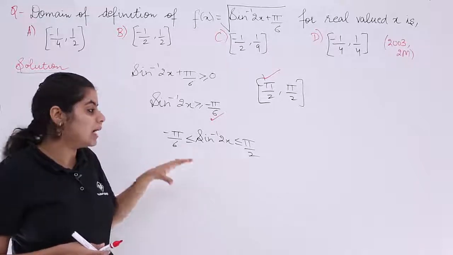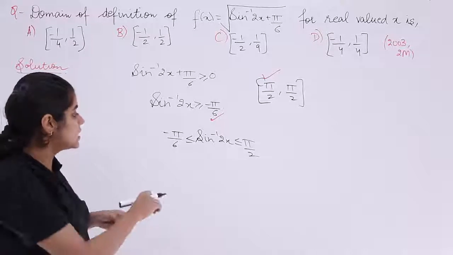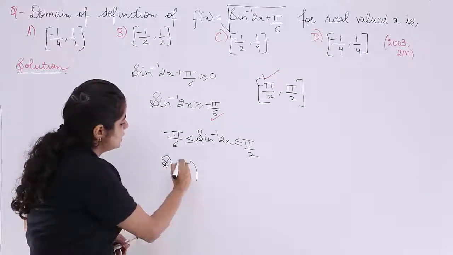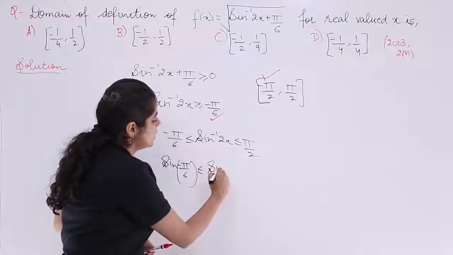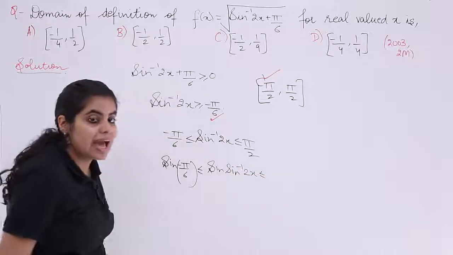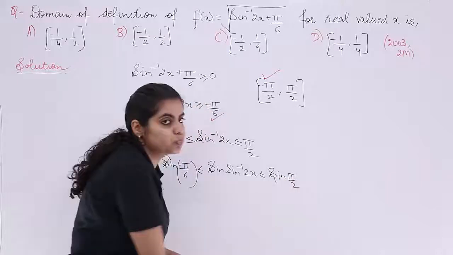So I basically take sine everywhere. So my question changes and it becomes sine of minus pi by 6, inequality sign, then sine inverse 2x, and last but not the least, sine of pi by 2.